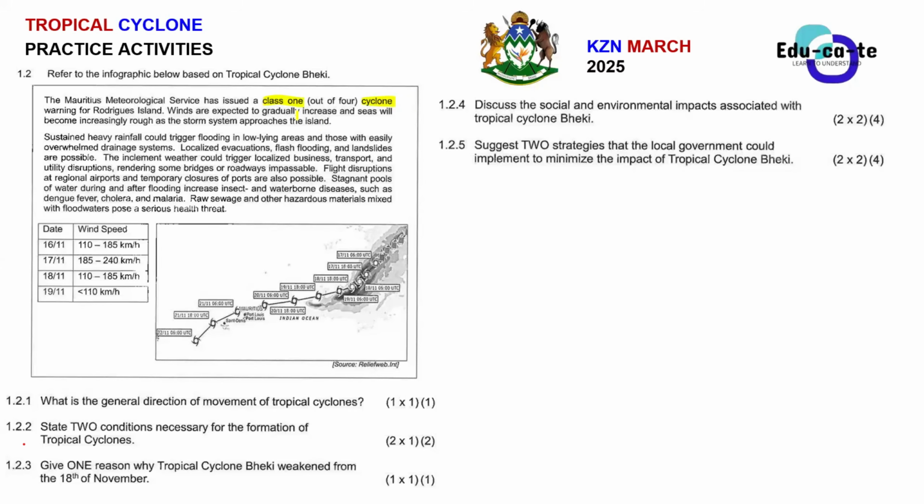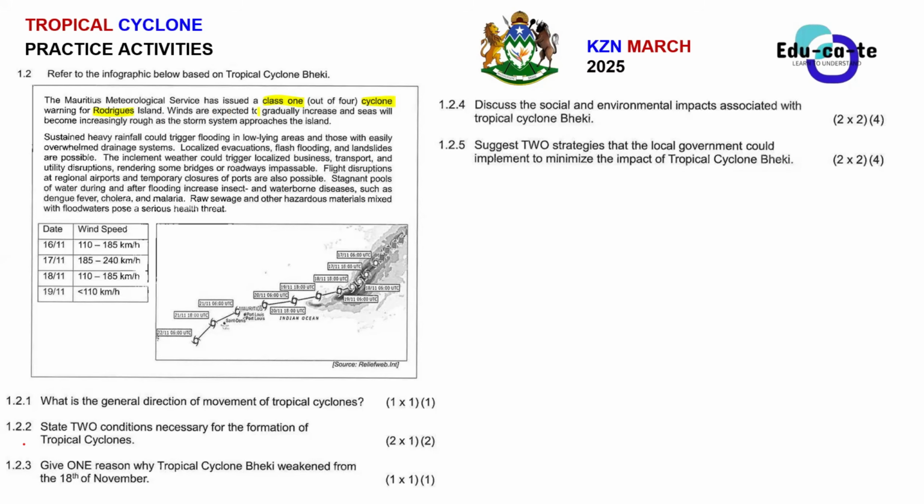In Mauritius, they're using classes. Depends on the case study. In this case, we have 4 classes of strength of a tropical cyclone, but this one is a class 1. They say this is a warning for Rodriguez Island. So this island known as Rodriguez is issued a warning of this class 1 cyclone.